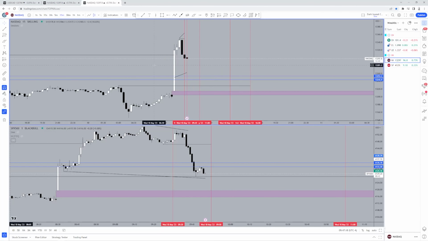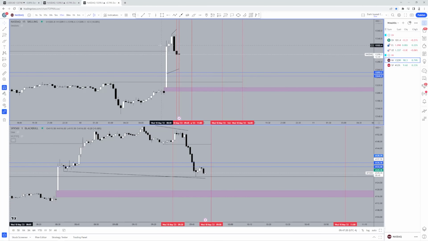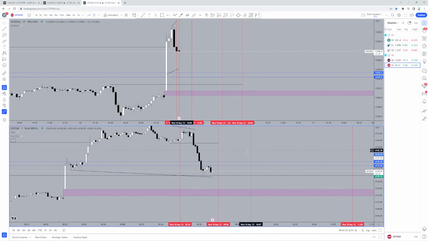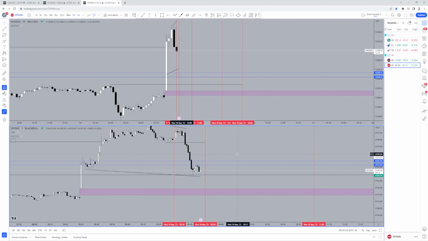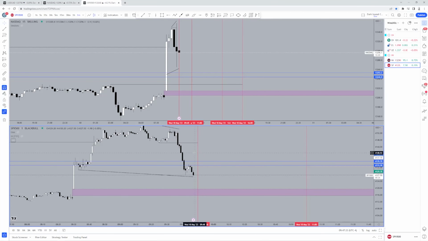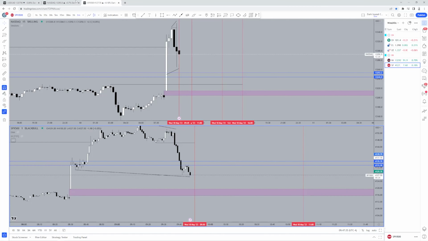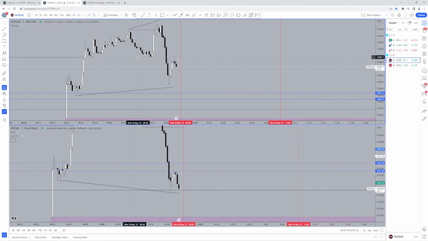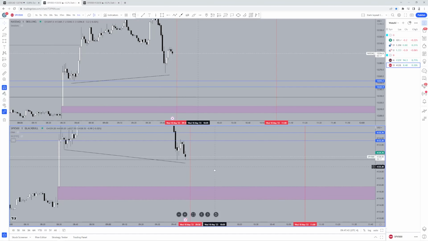Here I have it on the 15-minute time frame. You see how much deeper retracement we do have. I will delete those lines now. The 950 lines. On SPX500 we have way deeper retracement already. Beautiful divergence.